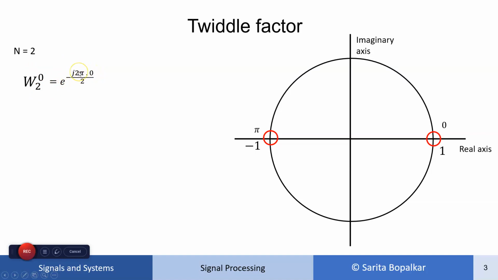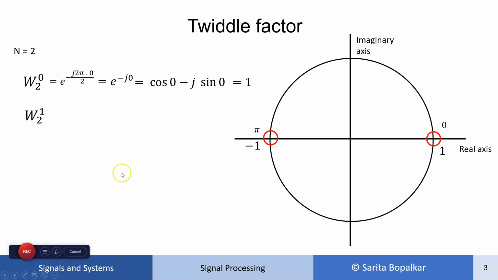So e raised to, because of 0, e raised to minus j0. And what is e raised to minus j0? Cos 0 minus j sin 0. Sin 0 is 0 and cos 0 is 1. That's why W_2^0 is 1. See, angle is 0. At angle 0, your value is 1.